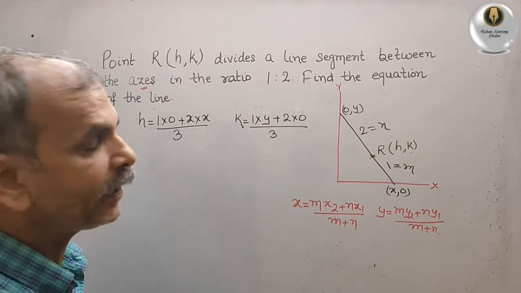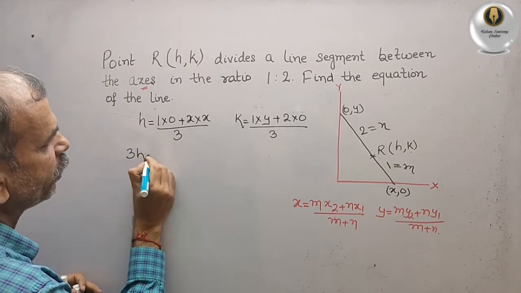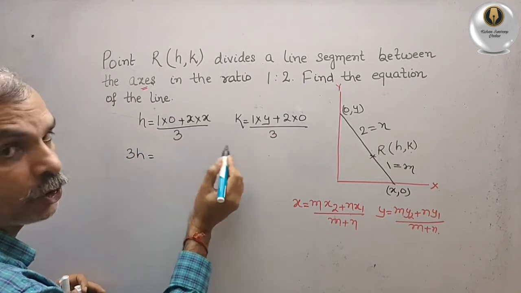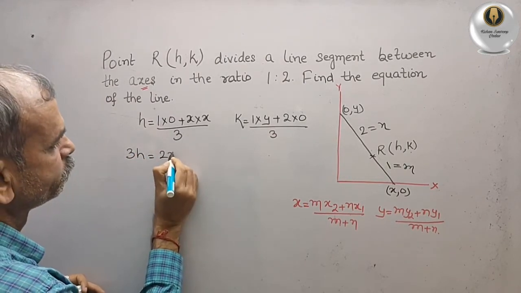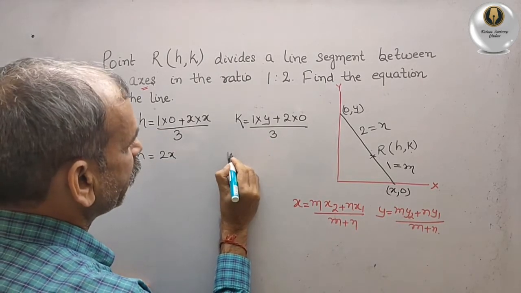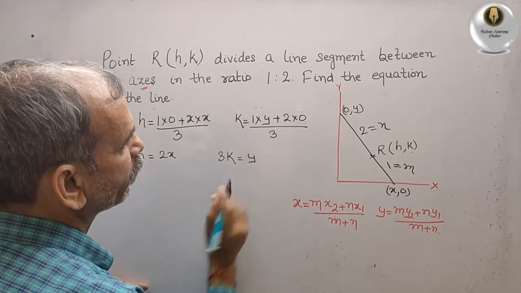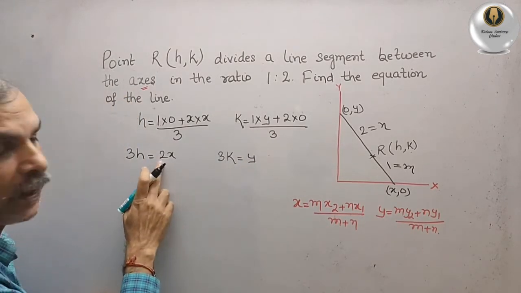Now cross multiply and solve it. 3h is equal to 1 into 0 is 0, plus 2x. Now here 3k is equal to y. Now here we will find x.